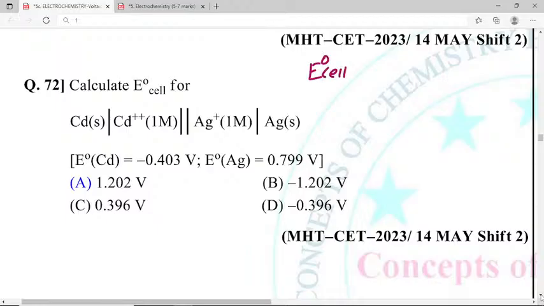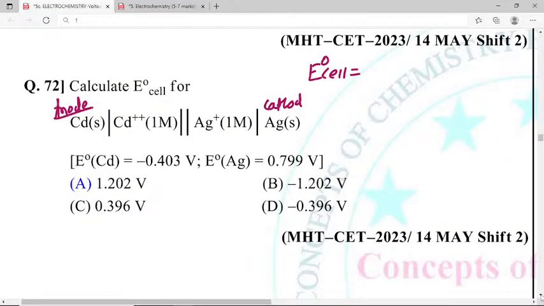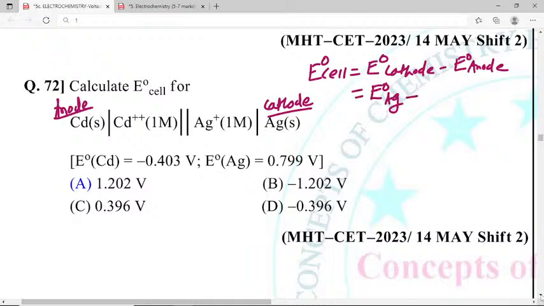E naught cell, same question; so many times the question is repeated here. E naught cell is equal to, so this is the anode and this is the cathode. Silver is the cathode, cadmium is the anode. So E naught cathode minus E naught anode. What is the cathode? Silver, minus E naught anode. What is the anode?